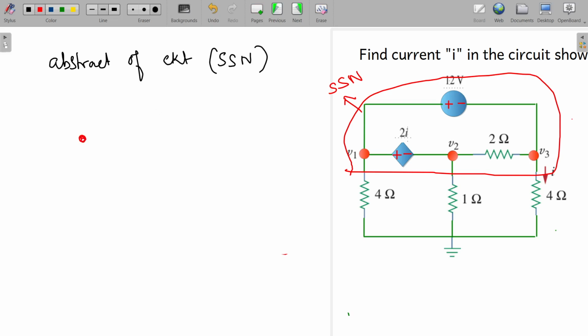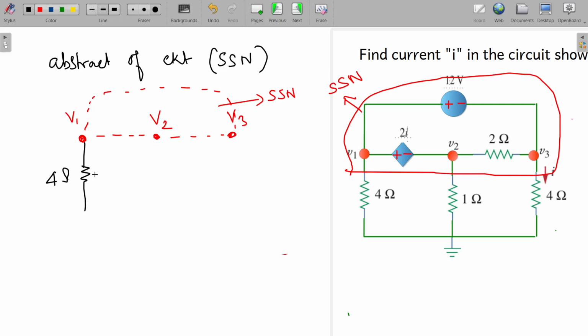This is V1, this is V2, and this is V3. Here all these things would be made as a dummy thing, because these things form the supernode. After this, here you have the required things, like this is 4 ohm resistance, and here you have 1 ohm resistance, here you have this 4 ohm resistance, and here you have the ground.